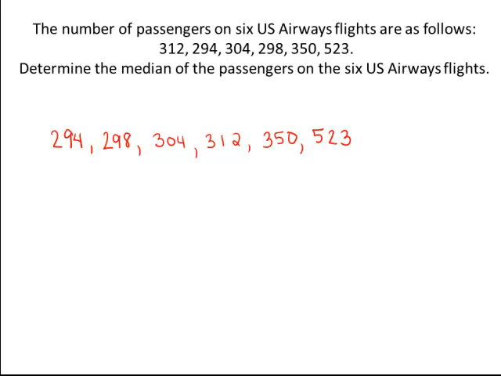Notice we have 6 numbers in our list. When we have an even number of values in our list, we have 2 middle values. To calculate the median, we find the mean of these 2 middle values. So I'll find the mean by adding them and dividing by 2.